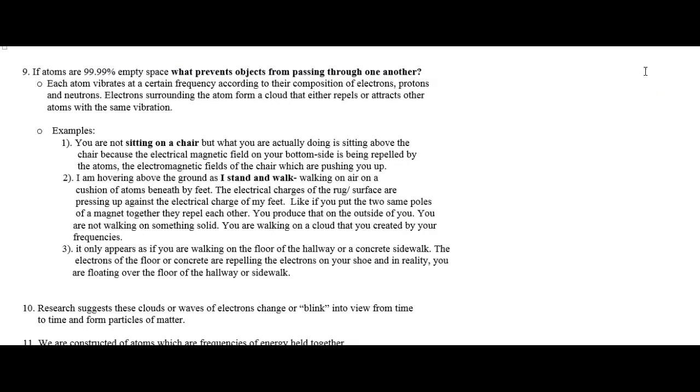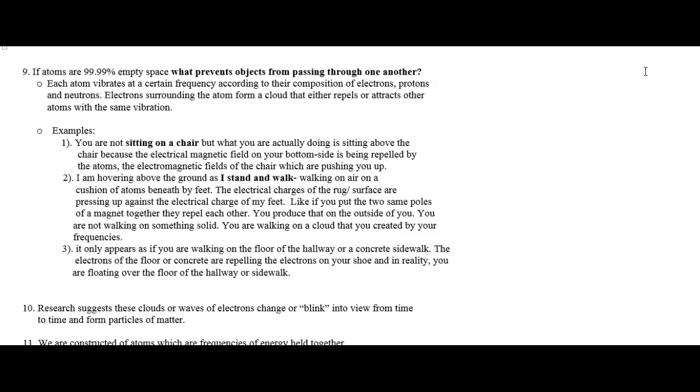So let's use that information. If atoms are 99.99% empty space, what prevents objects from passing through one another? Each atom vibrates at a certain frequency according to the composition of the electrons, protons, and neutrons. Electrons surrounding the atom form a cloud that either repels or attracts other atoms with the same vibration.